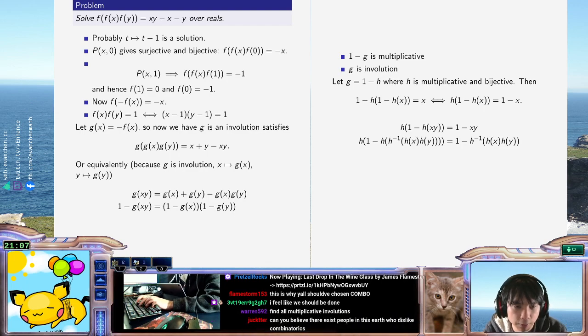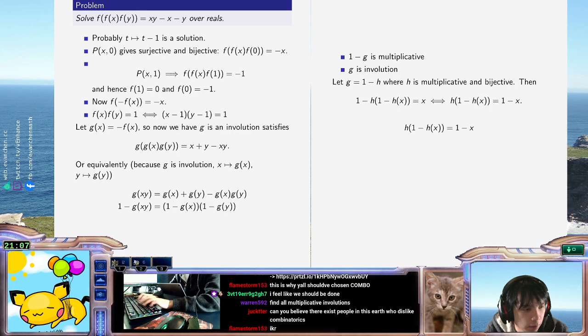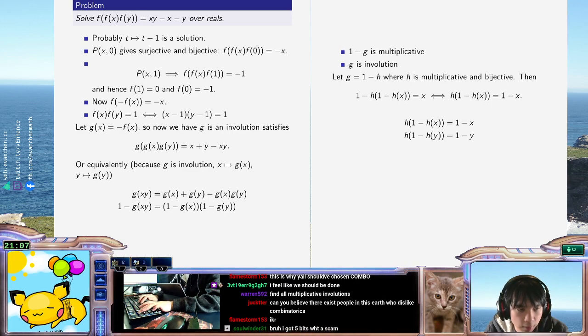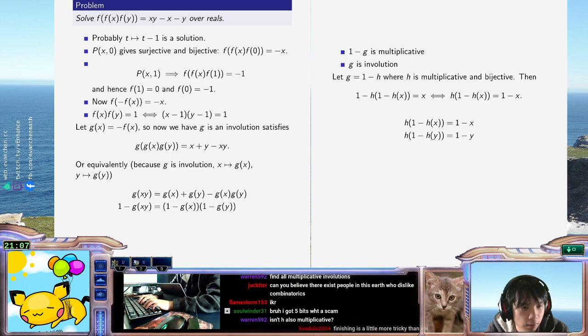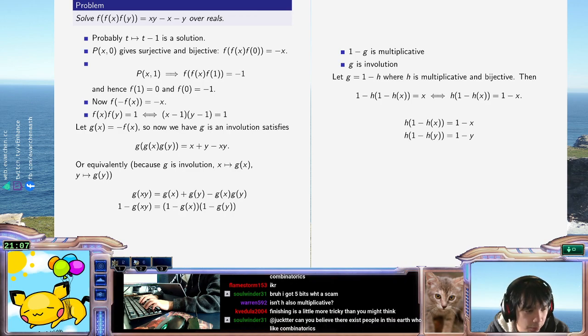Okay, plan B. Isn't h also multiplicative?